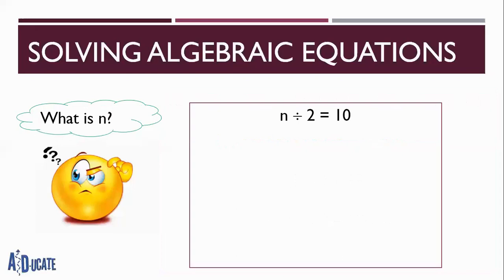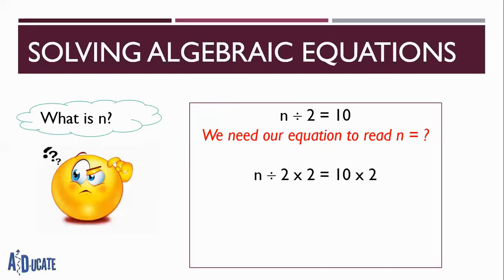Finally, we are at n. n divided by 2 is equal to 10. Again, we need n to be by itself on one side of the equal sign. n needs to be equal to something. How do we get n to be by itself? Right now, n is there with a divide by 2. So we need to do the opposite, which is multiply.